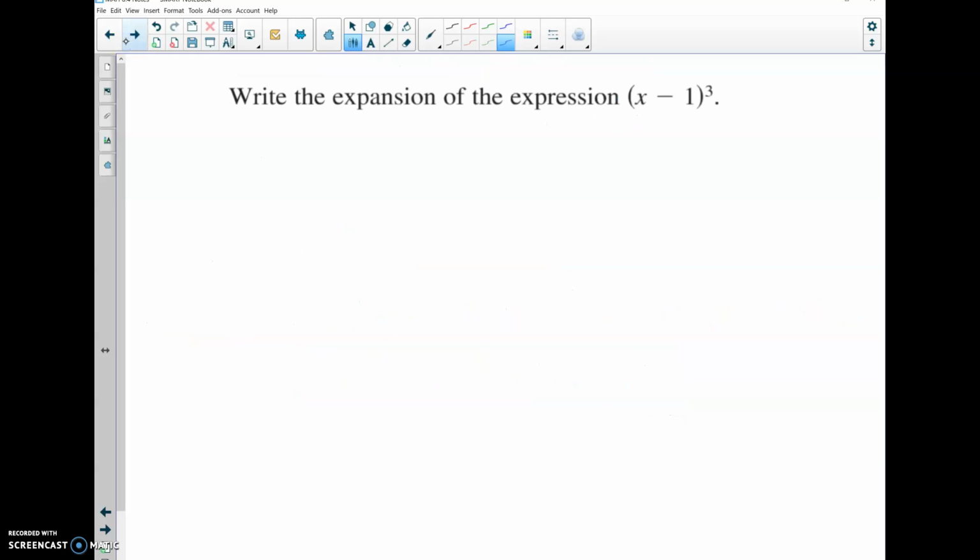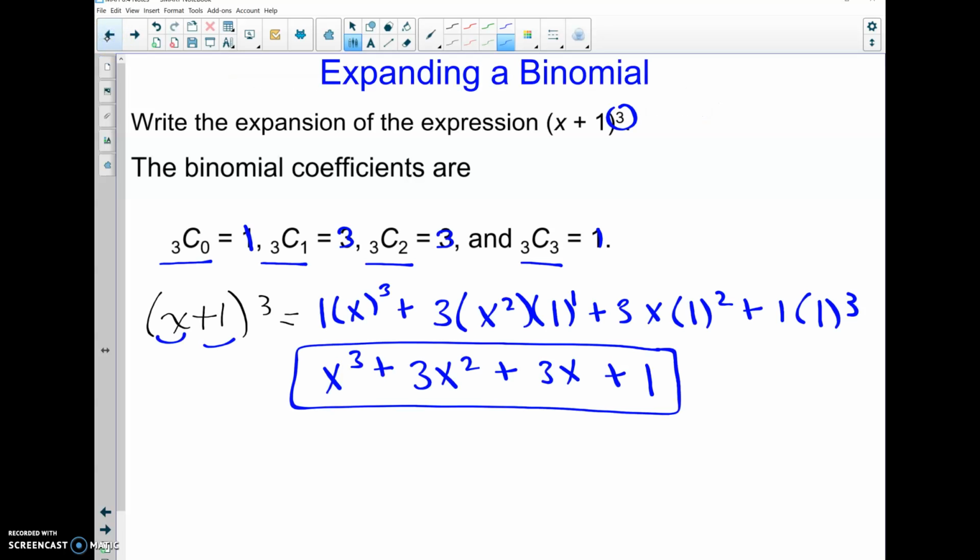How would this example change? Instead of x plus 1 cubed, now we have x minus 1. Let's take a look back at what we had previously. What would change from this positive 1 to a negative 1, looking at our 4 terms here? These coefficients will all stay the same.